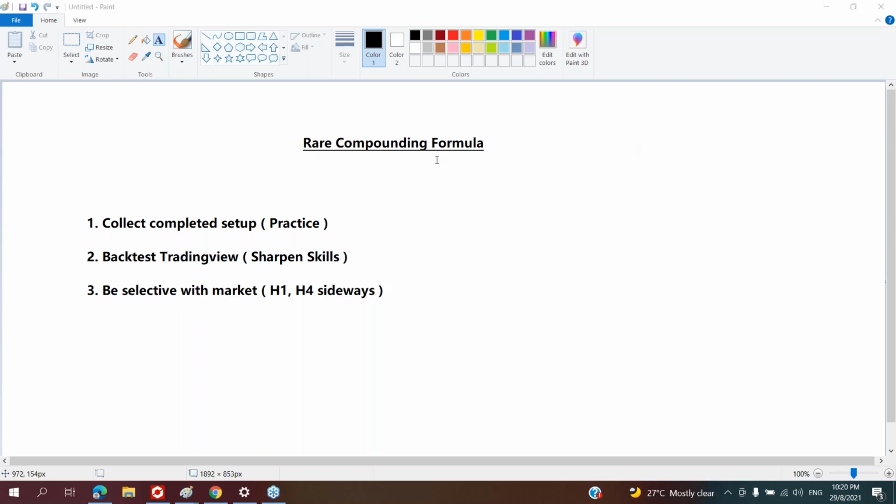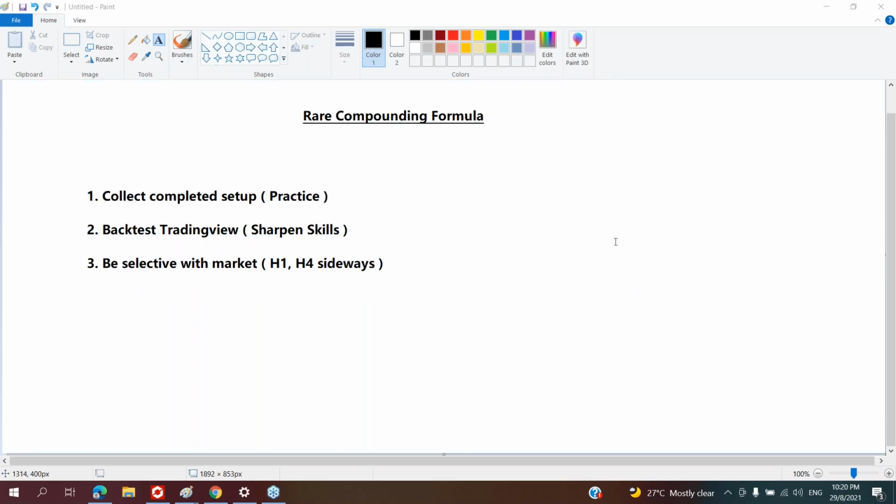So why the rare compounding formula? Because this type of compounding is real quick, very selective, and very rare, because it uses a high lot.